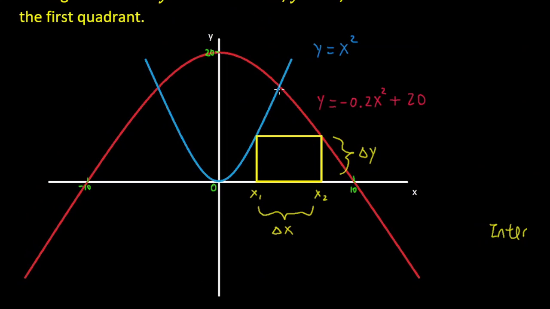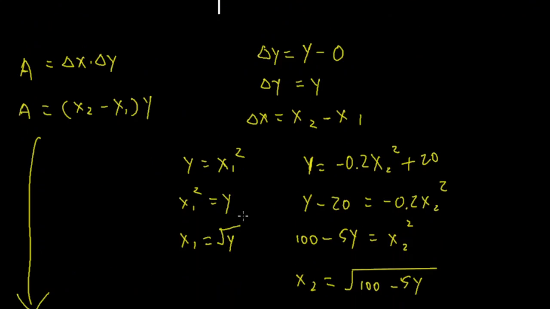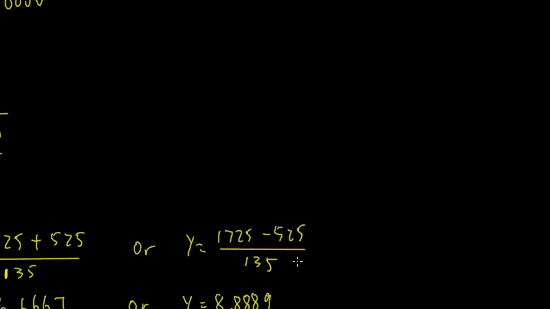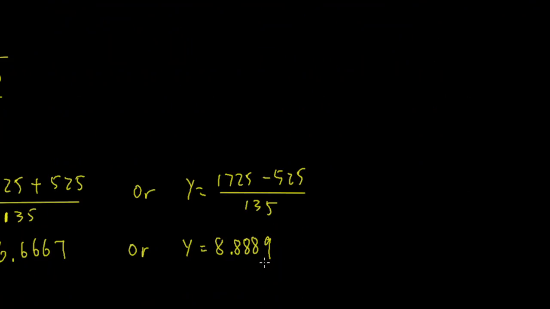I don't think so, because if this is where the y value is, that means this rectangle doesn't have a length. When there's no length in a rectangle, you don't have a rectangle. So we cannot use y equals 16.667. The other one is y equals 8.8889, so it's falling within this region. So that's the y value we have to take, y equals 8.8889.